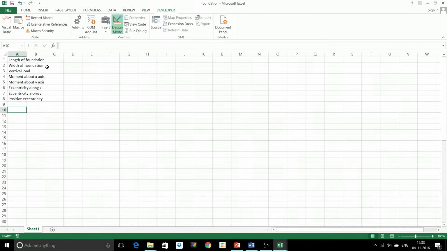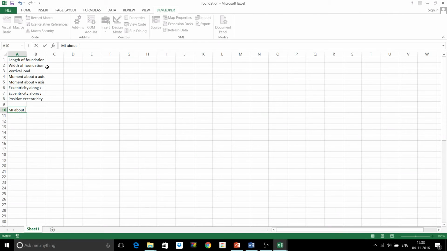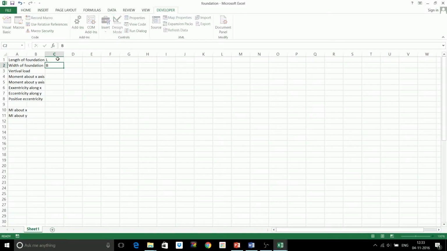Then we will have MI, moment of inertia about x-axis, MI y. This is L, this is B, this is P, this is Mx, this is My, this is xe, then ye, positive eccentricity. I will put the same names here, xe, ye.